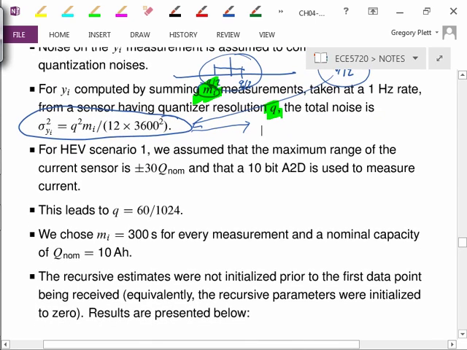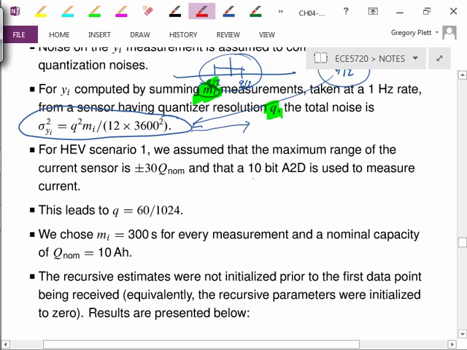For HEV scenario 1, I'm going to assume that the maximum current that can be drawn out of my pack is plus minus 30C current. That's fairly high, but it's not unheard of. So let's say that, plus minus 30Q. And let's assume we use a 10-bit analog to digital converter to measure current.